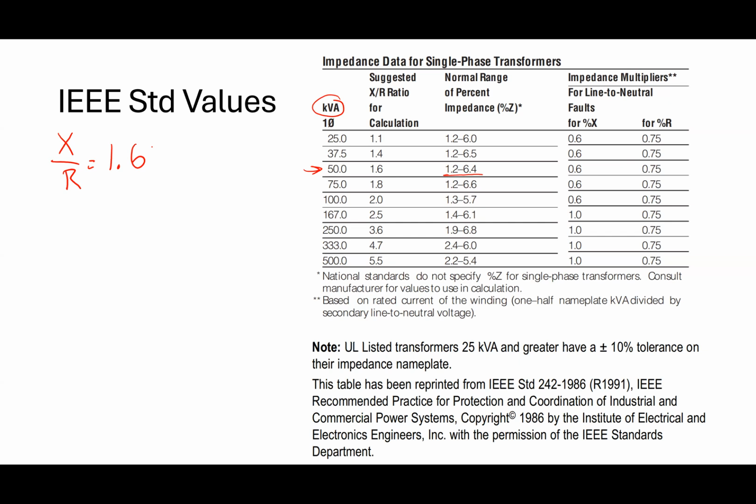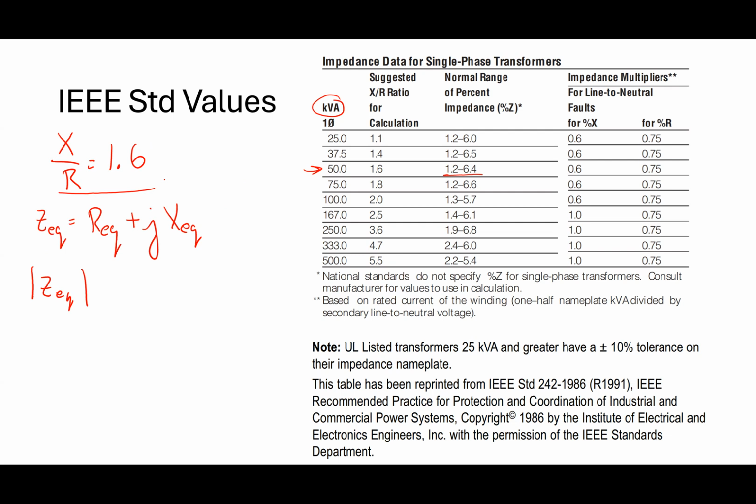So what has it just told me? If I have ZEQ equals REQ plus jXEQ, I know the magnitude of ZEQ, and it's told me the ratio of these two values.